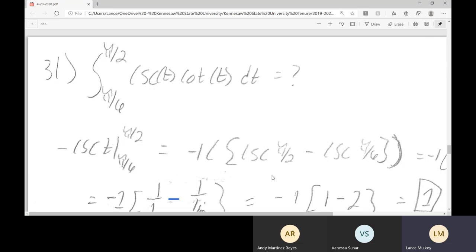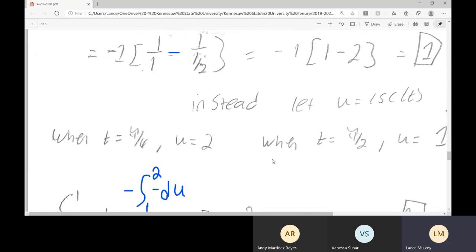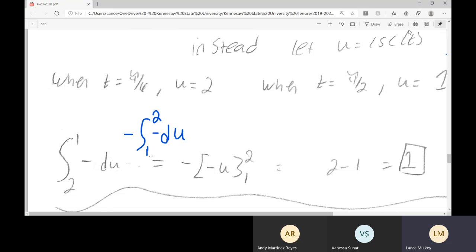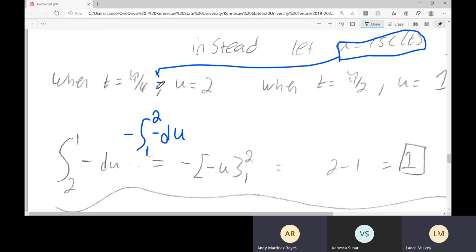And then for the limits, you want to change the limits because a lot of times it makes your life easier. So when you take this formula right here, when you plug in pi over 6, it equals 2. Cosecant of pi over 6 is 2. When you plug in pi over 2, u will equal 1. So that's where you get this right here.